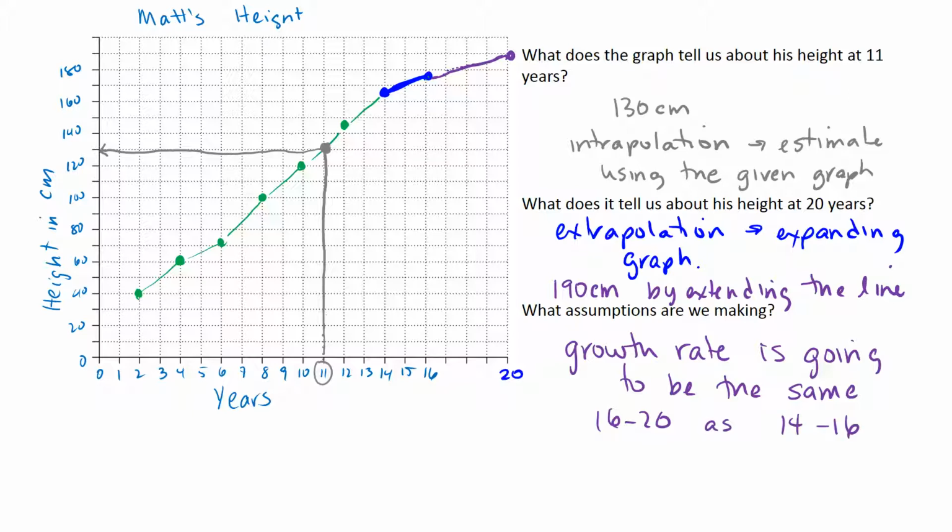And that might not be the case. I mean, I know you probably can think of people that grow in spurts. It might be that he flattens out and then takes another growth spurt a little bit later on, and then the answer would be completely different. So when you are asked to extrapolate, you have to think about the assumptions you're making and state those as part of your analysis.